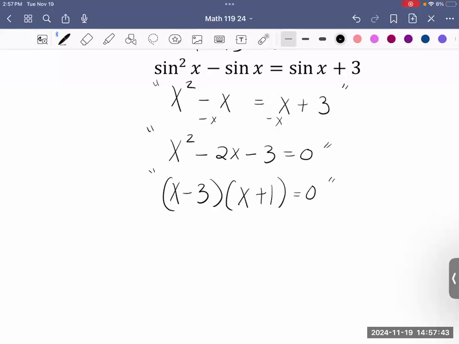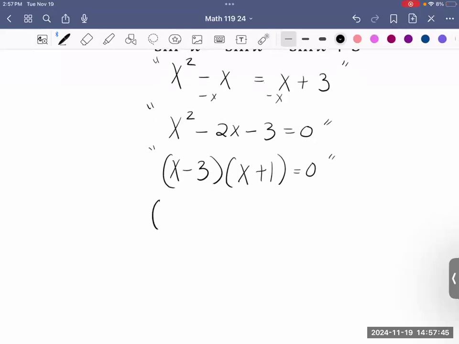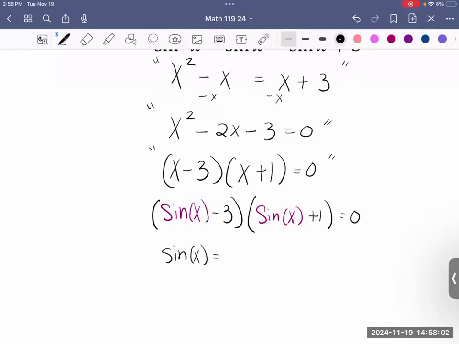However, we don't really just have an x, we have a sine of x minus 3 and another sine of x plus 1. We can set these equal to 0. So sine of x minus 3 is equal to 0, so sine of x is equal to 3.